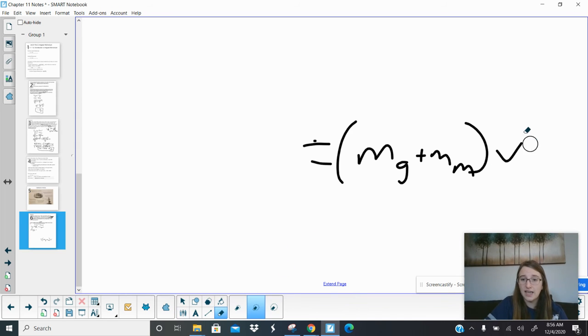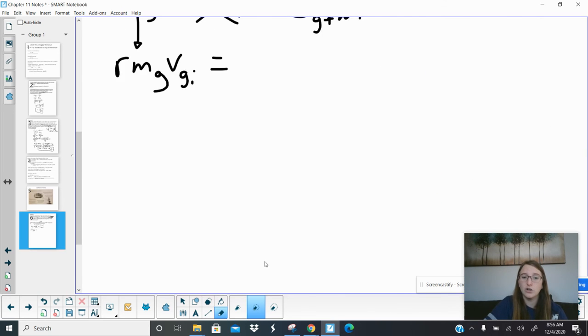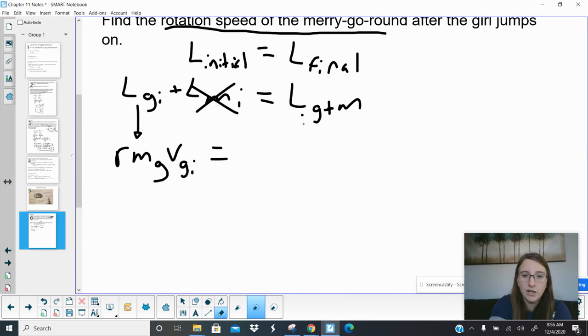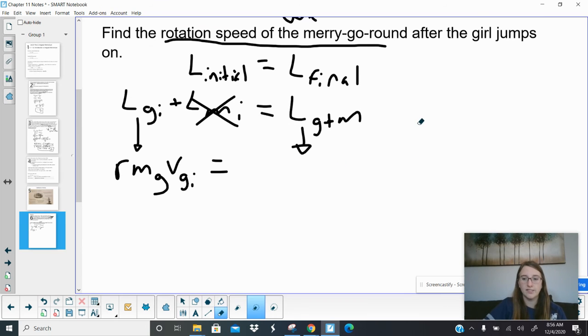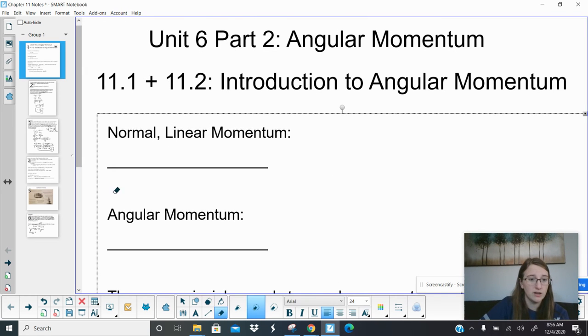Well, in this case, it's not just masses, it's inertias. So when I go to plug this in now, once they are rotating, we are using the formula for angular momentum of a rotating object. So think for a second, look over your notes. What formula are we using now since they are rotating together? Well, let's go all the way back to what we said up here.